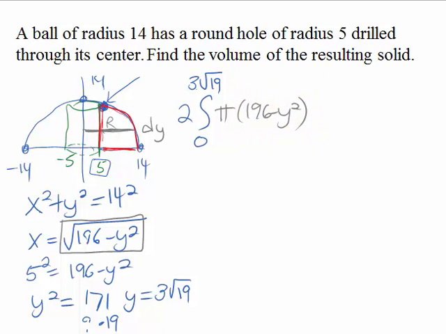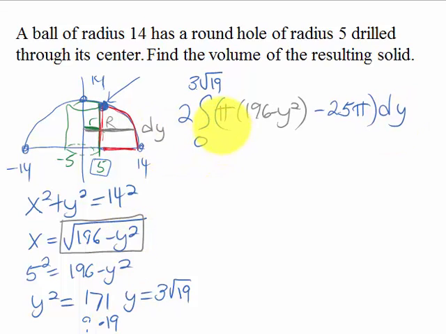Now I need to subtract off the little r, which is right here, and that little r is just going to be 5. So the area of that hole, that disk for the hole, is going to be pi r squared. R is 5, so 25 pi. And then dy, our little thickness was dy.